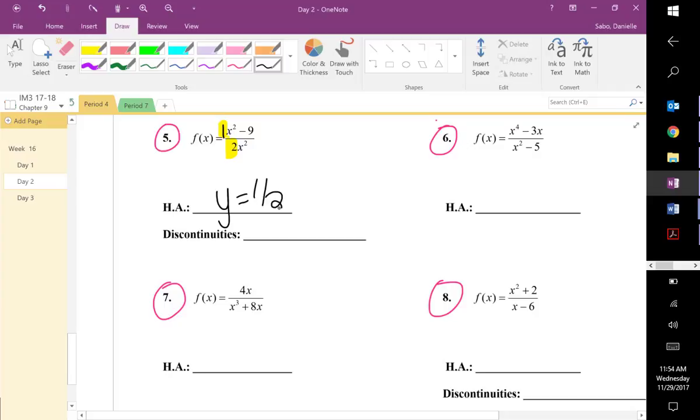Your discontinuity, what makes the denominator 0? What number times 2 gets me 0? 0. So x can't be 0. It's okay, I'll write this one out. You have 2x squared equals 0.